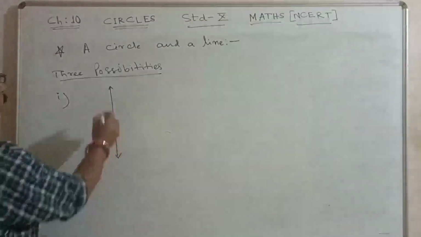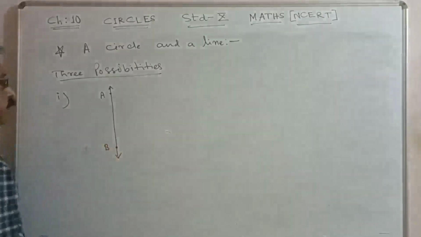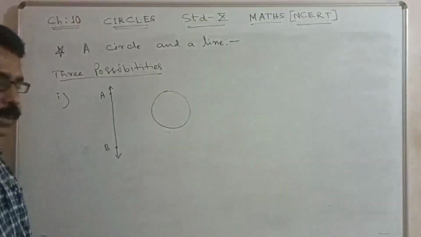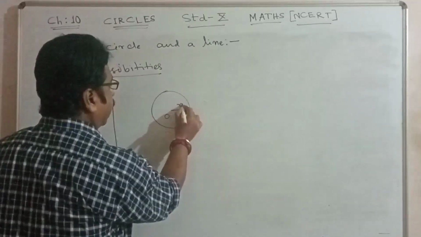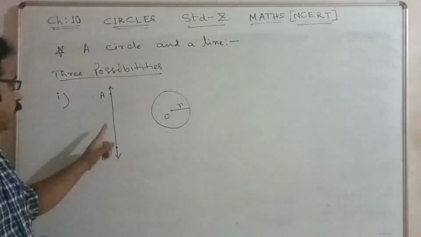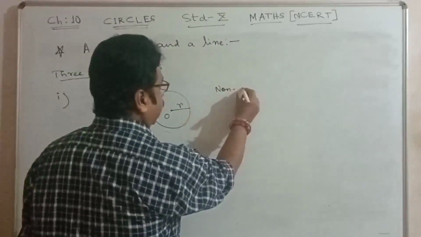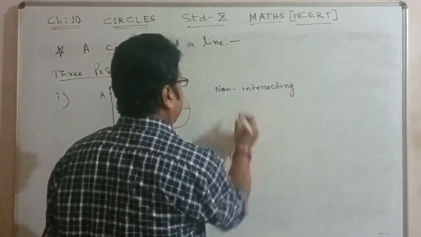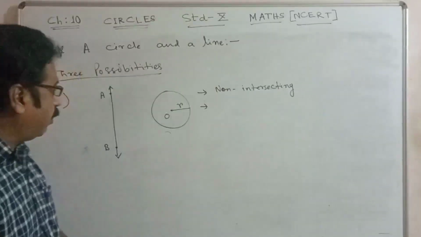You can give the name of the line like this, A, B. Suppose this is a circle, its center is O, radius is R. Obviously, the line is non-intersecting. That means there is no common point.